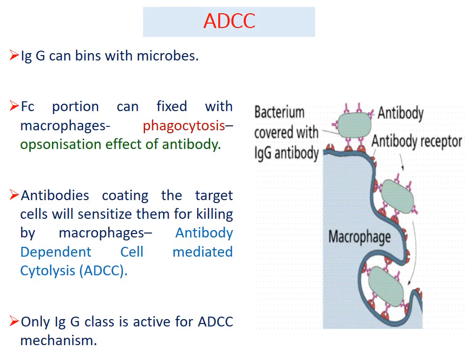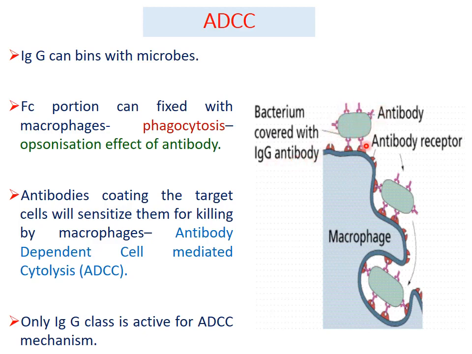Now, one very important topic in this regard is called ADCC, that is antibody dependent cell mediated cytolysis. What is this? IgG molecules can bind with microbes. Here's the microbe, an antigen, a bacterium covered with IgG antibody.